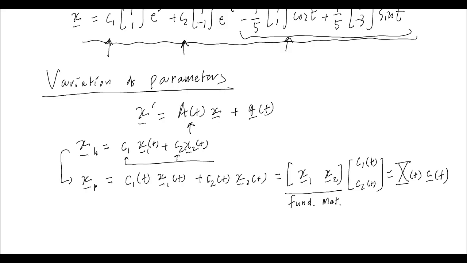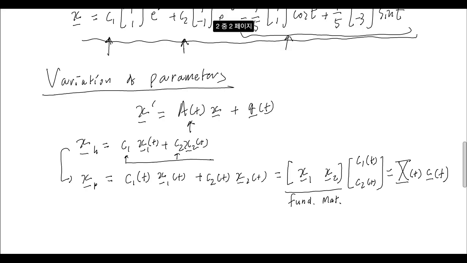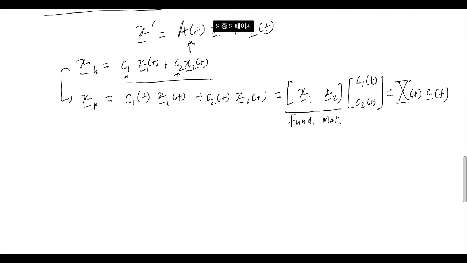Using the notation of the fundamental matrix, we can write this as X(t) times c(t). The next step is to substitute this into the given ODE and find the condition for c of t.